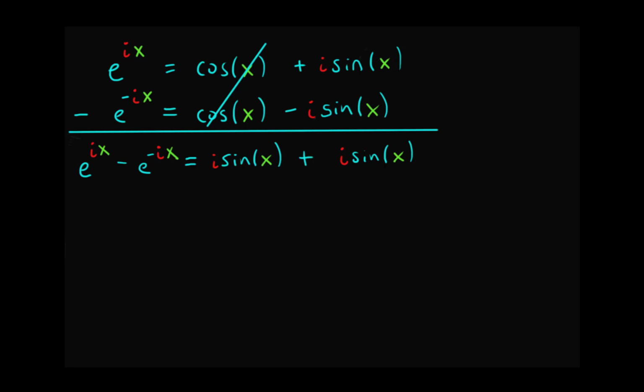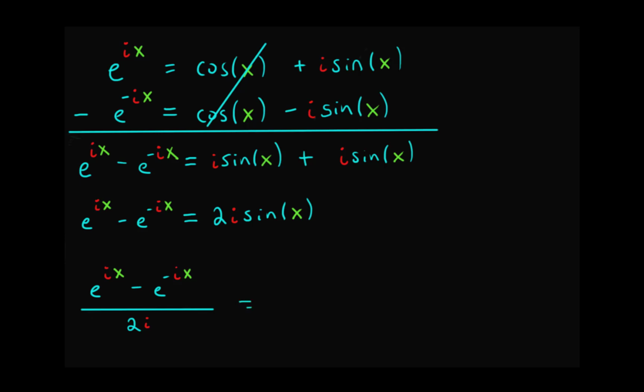So now we have e to the ix minus e to the negative ix equals 2I sine x. And if I divide both sides of the equation by 2I, I get the formula e to the ix minus e to the negative ix all over 2I equals sine x. That's the other formula worth committing to memory.